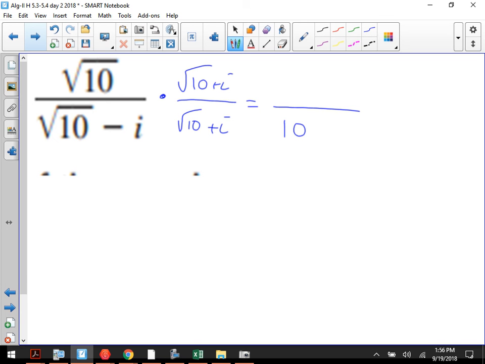So I can write minus root 10i plus root 10i, just know that they're going to cancel out, or I can say, well, I know they're going to cancel out. And I wind up now with minus i squared. What's minus i squared equal to? 1.